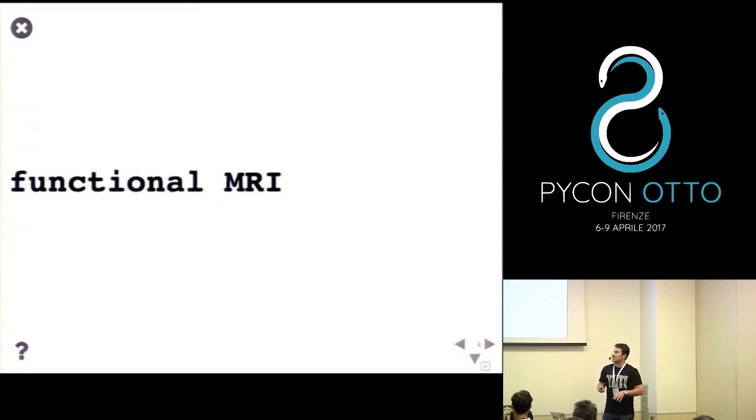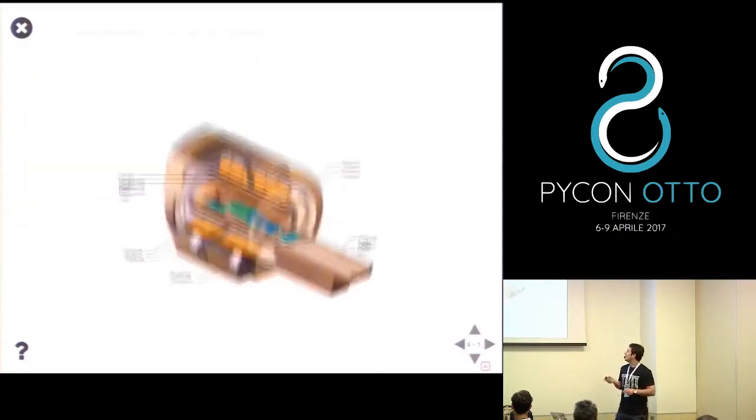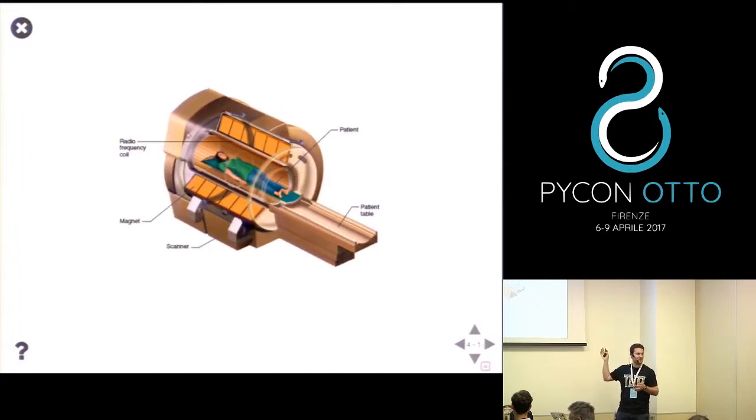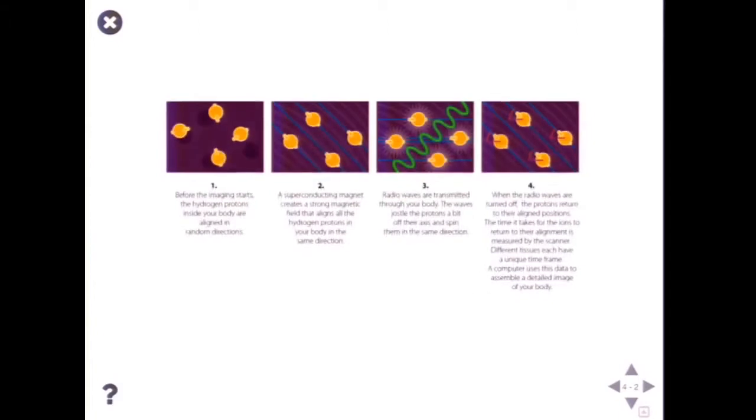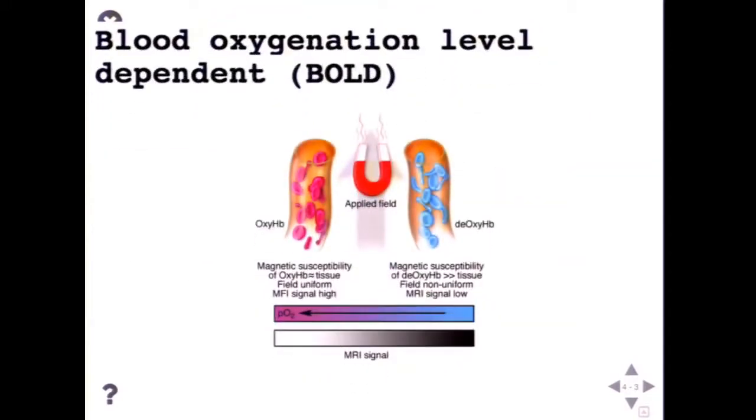So I'm going to explain a bit what functional MRI is. An MRI scanner is a very fancy piece of equipment. It uses very strong magnetic fields to spin the atoms of your body and detect the energy that they release when they go back from this spin, more or less. This is a very short summary.